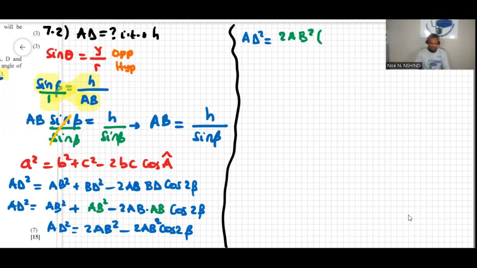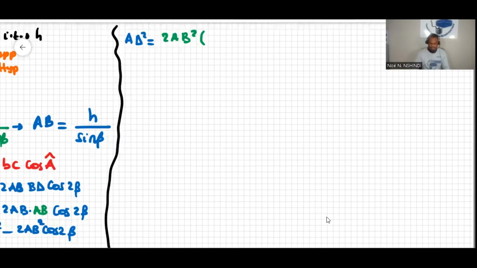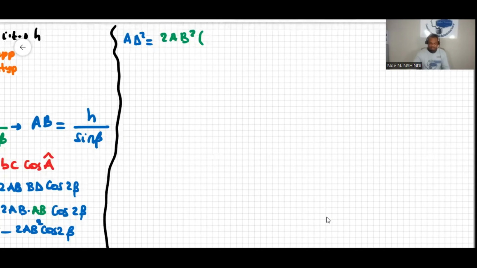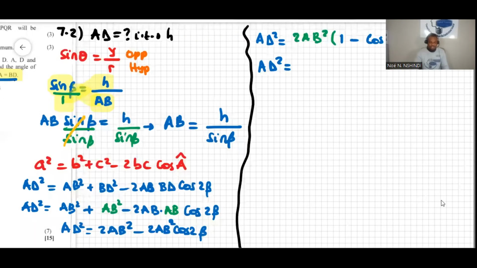So AD squared equals 2 AB squared times 1 minus cos 2 beta. But AB was expressed in terms of h.